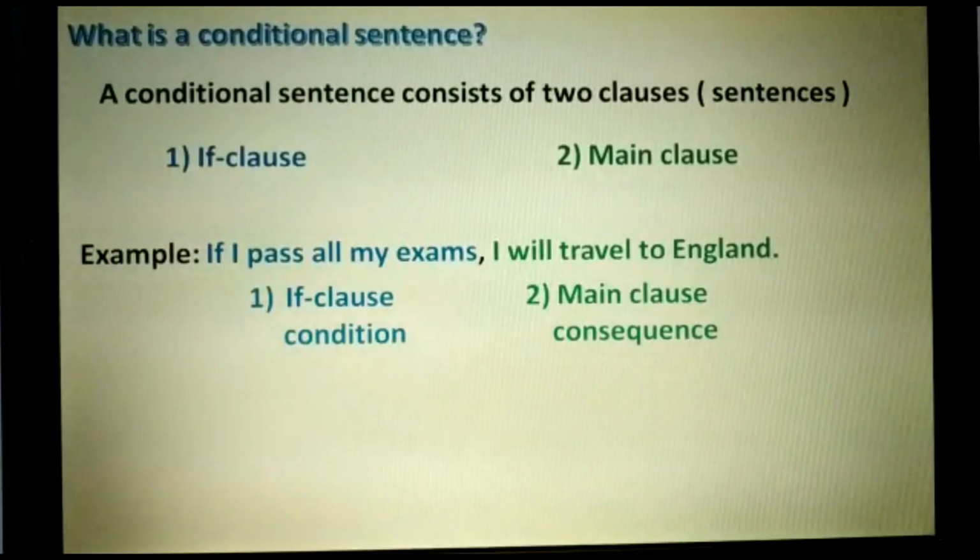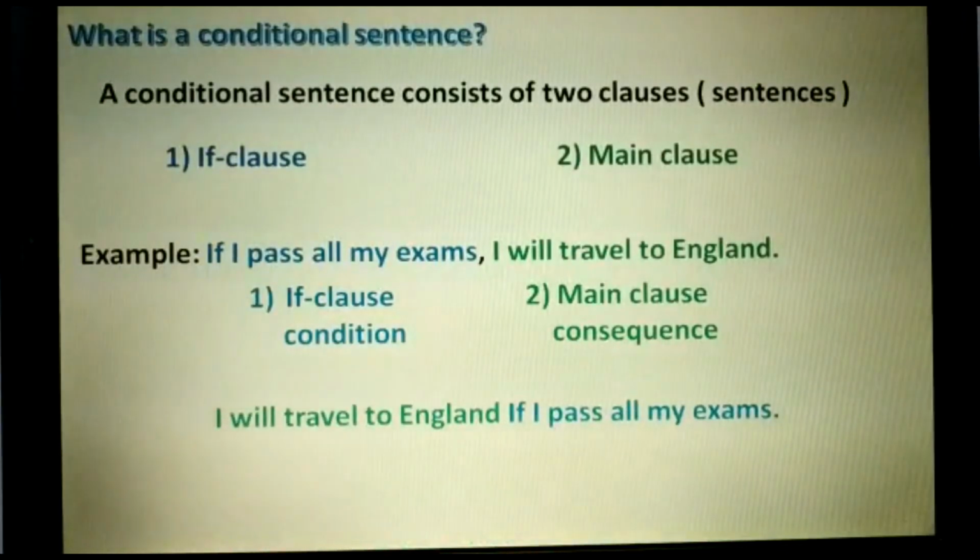But please, I would like you to know that when we start a conditional sentence with the main clause, there is no place for a comma. So notice when the if clause comes first, we must use a comma, but there is no comma when it comes second. Okay?